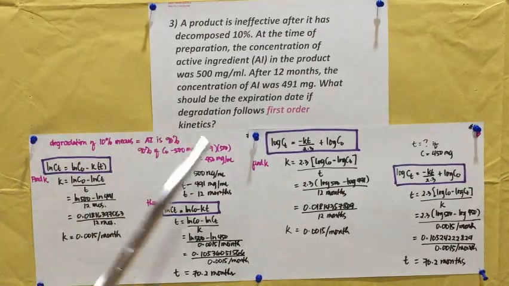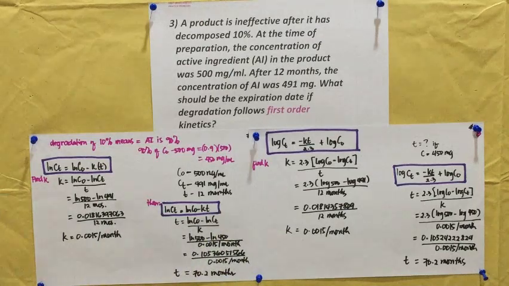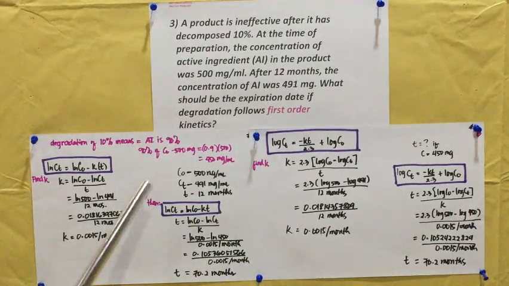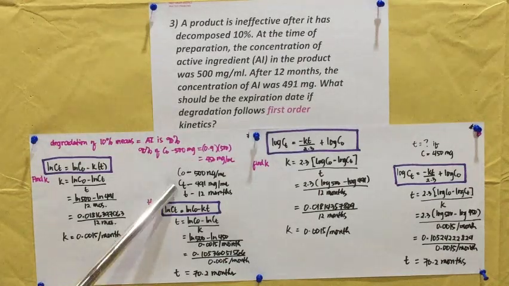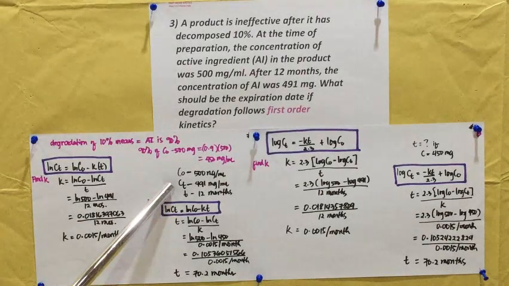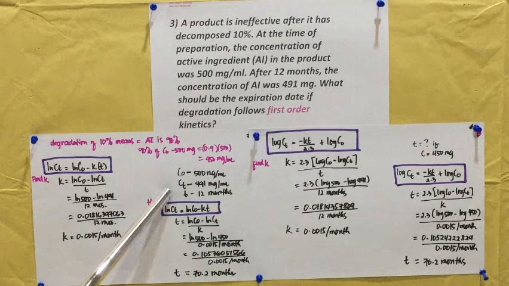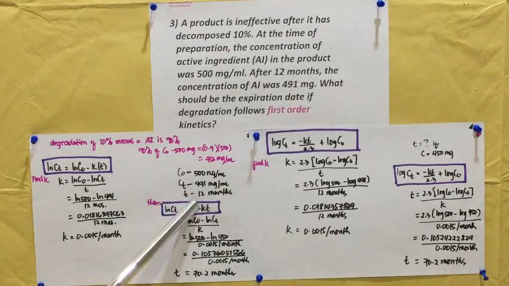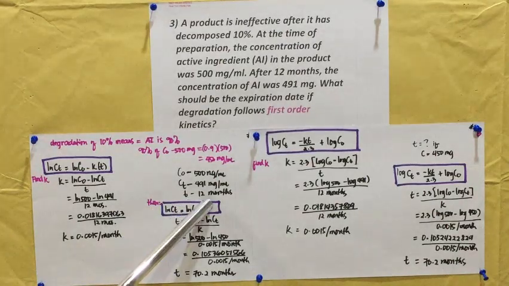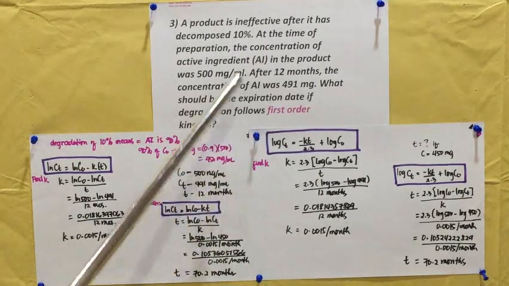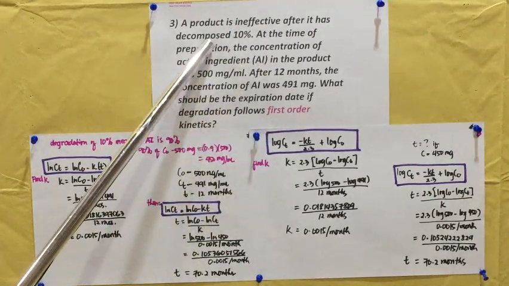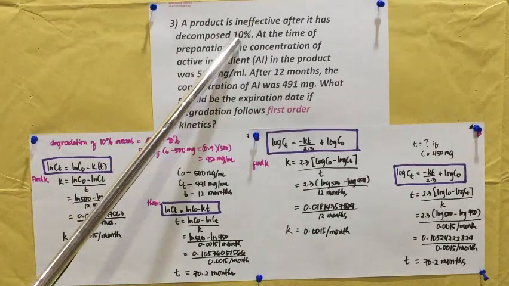Okay, from this problem, let us now know the given. So, 500 mg is the initial concentration at time 0, while 491 is the CT at time of 12 months. So, these are the three givens. But it was also mentioned that the product becomes ineffective after decomposing by 10%.